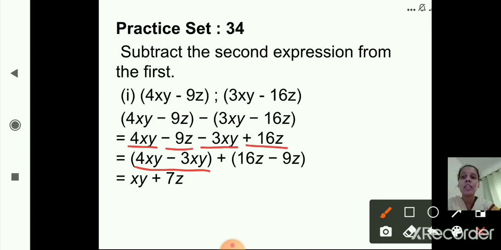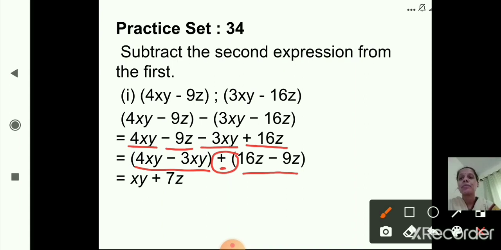While writing this, first you will write the bigger number, that is plus 16z, and then minus 9z. Outside the bracket, plus, because the sign for 16z is plus. While arranging the like terms, try to arrange them properly, bigger number first, then the smaller number. So 16z minus 9z.